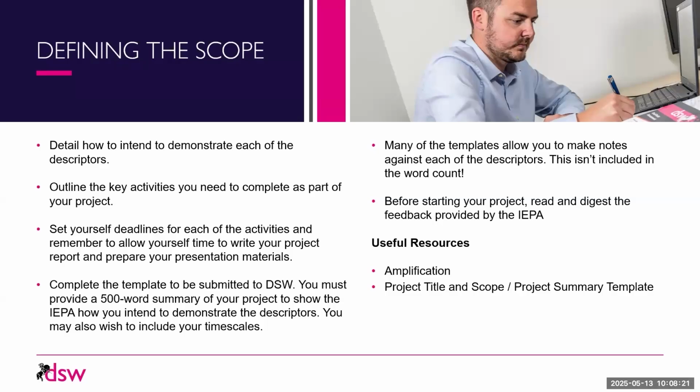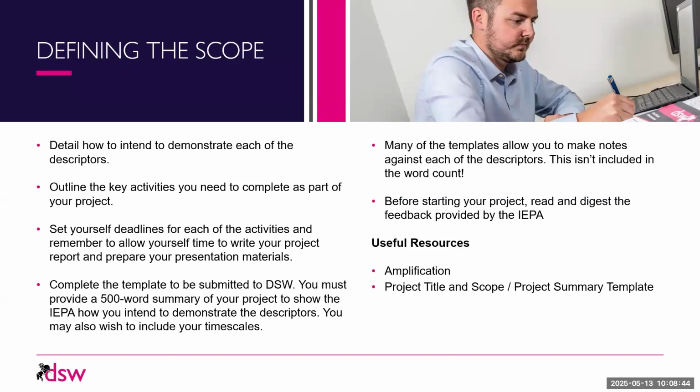But we will obviously give you a little bit of feedback on whether we think the project will be suitable and meet the KSBs, and that's mainly the type of feedback that you'll be looking for. So yes, as Kayleigh said, it's very important to read that feedback from your IEPA because that will then assist you on the next stage of actually going ahead with that project. That's great, thanks for that, Danielle.